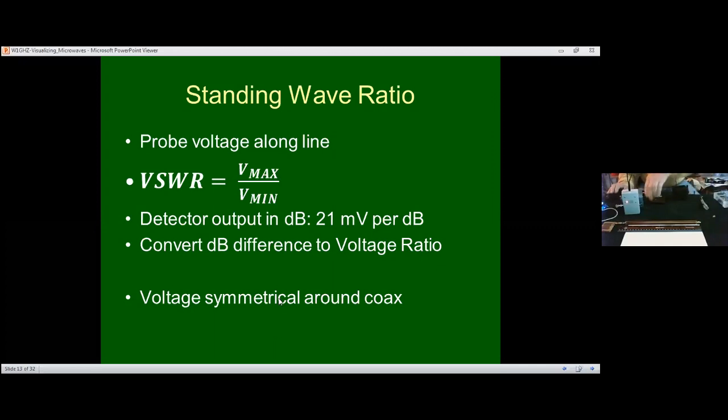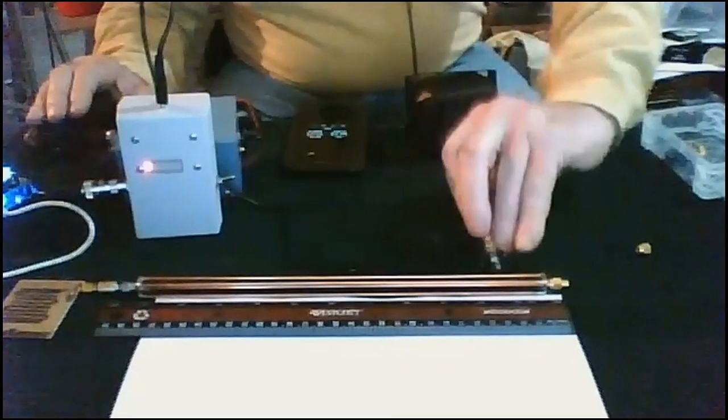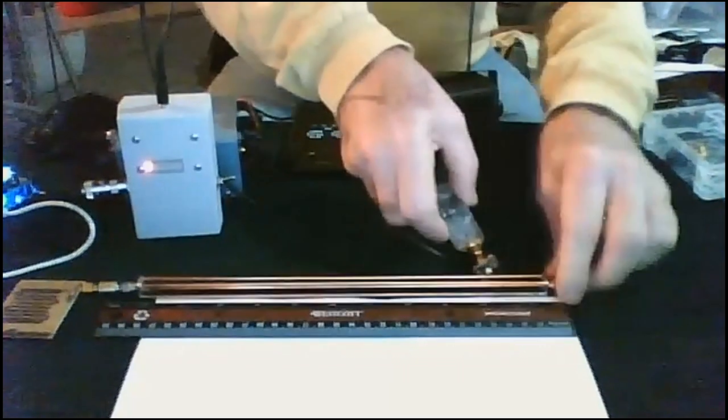All right, let's go back to that. Stop share. All righty. So come in from the side. Oops, lift it up a little.